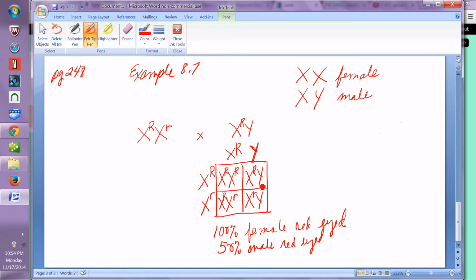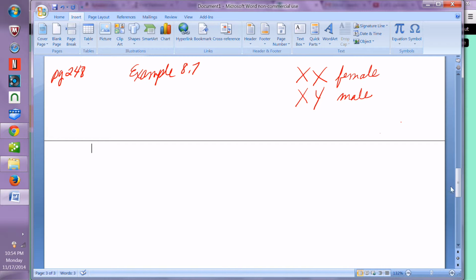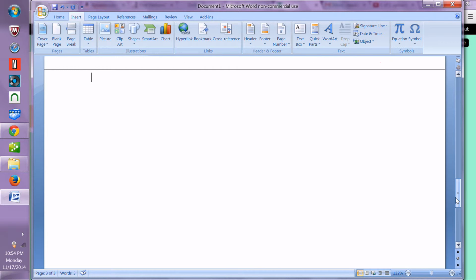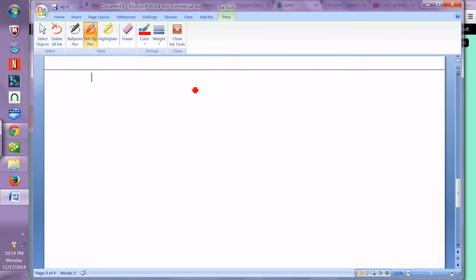Let's look at experiment 8.3. Let me get another sheet of paper here. And this is a sex-linked genetic trait. And this is about a disease called hemophilia, which causes people to bleed very easily from minor injuries.